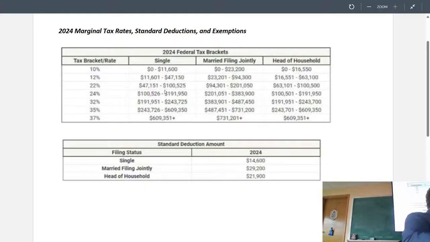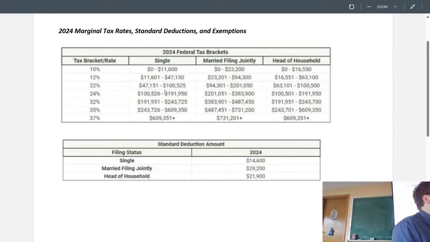So I added 1,160 plus 4,265.88. Yep, that's good so far. So then I have to take 51,800 minus 47,151, which equals 4,649.